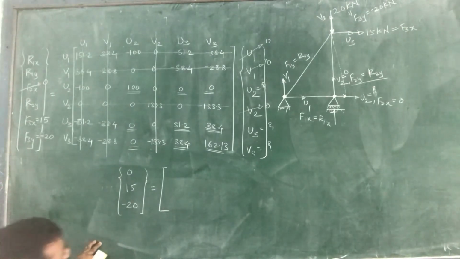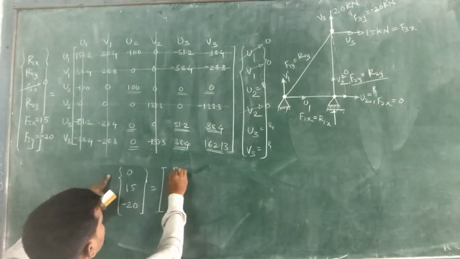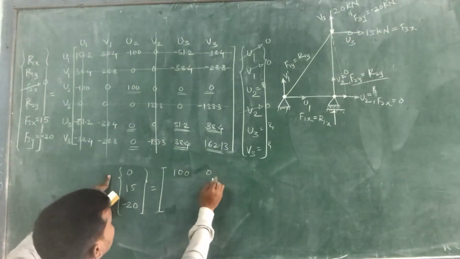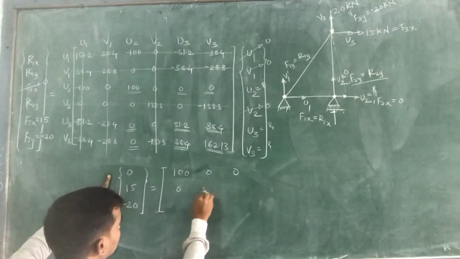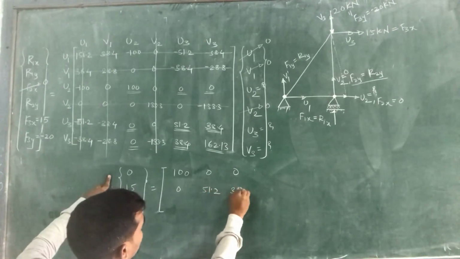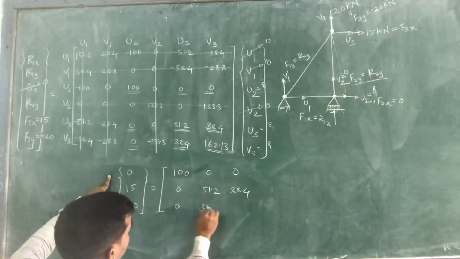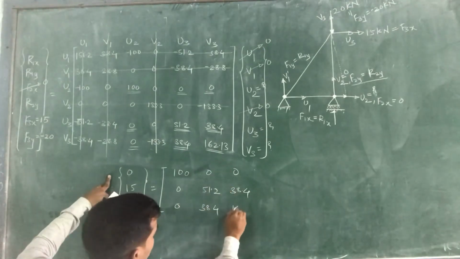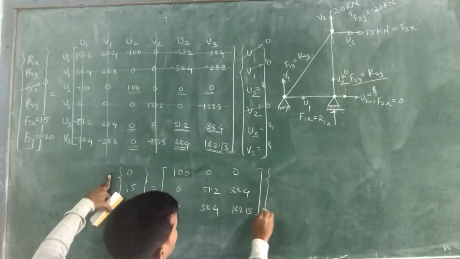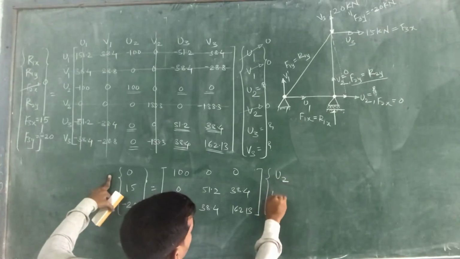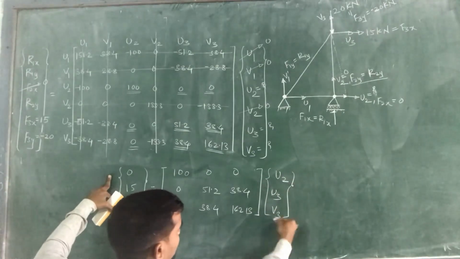this, which is nothing but equal to 100, 0, 0, 0, 21.2 and 38.4, then 0, 38.4 and finally 162.30, into U2, U3 and V3.